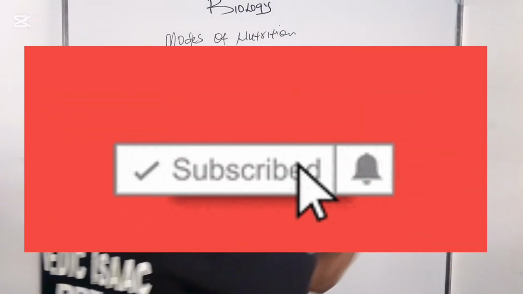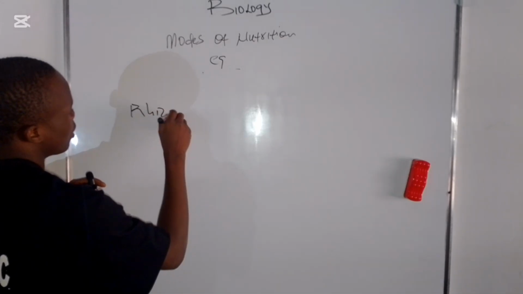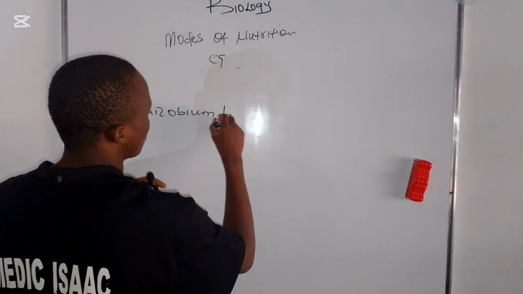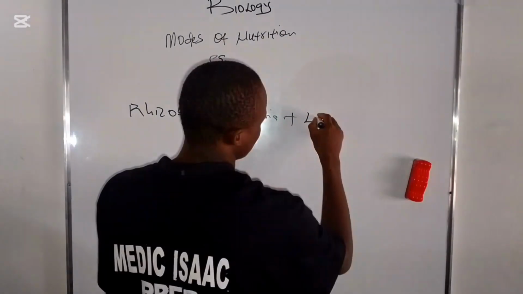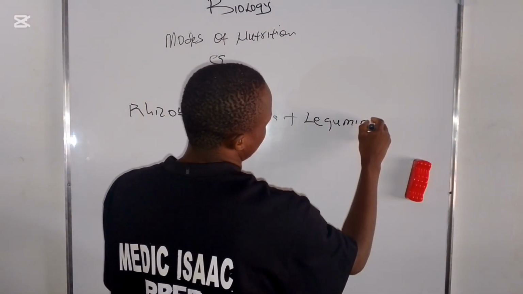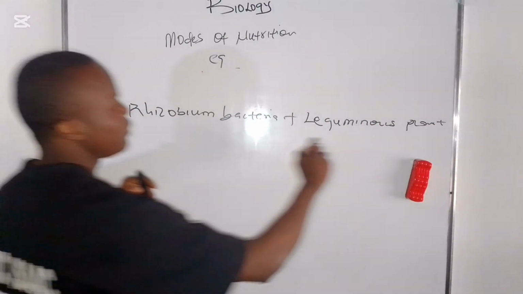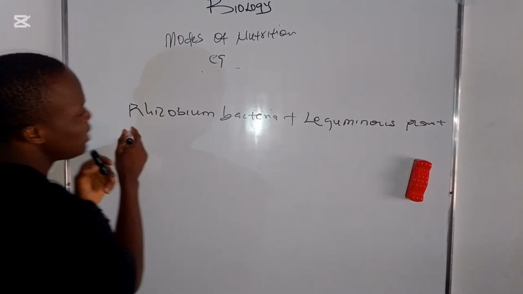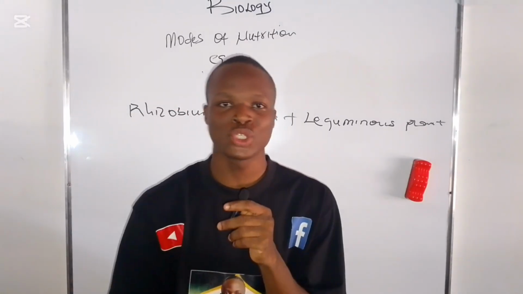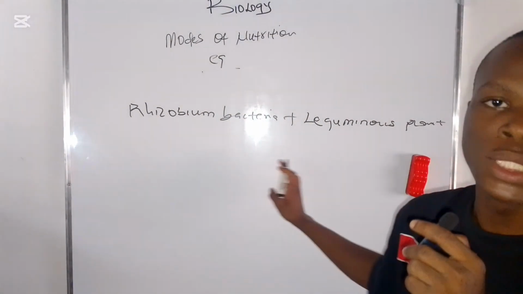So next is rhizobium bacteria plus leguminous plant. Have you seen it? In this kind of relationship, none of them is being harmed. So all of them benefit from each other. They derive protection. They derive nutrients, but none of them harms the other. They live peacefully.